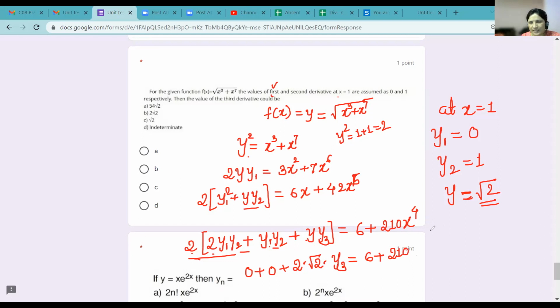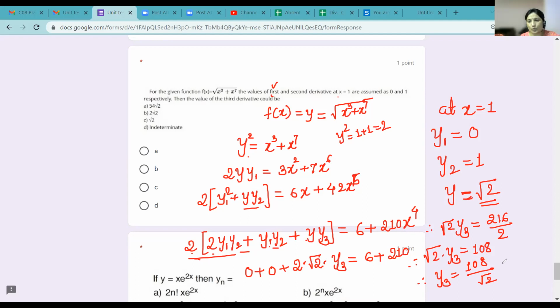Okay, so finally we are getting the term as √2 into y3 is equal to 216 divided by 2. Therefore, √2 into y3 is equal to 108. Therefore, y3 is equal to 108 divided by √2.